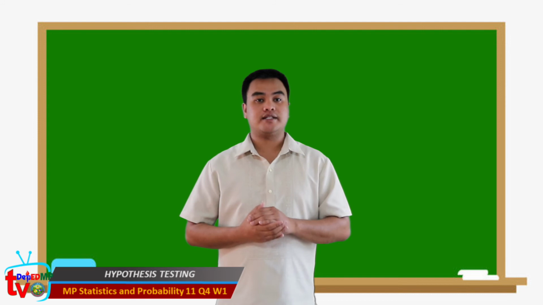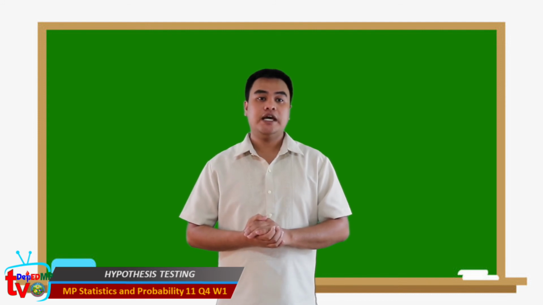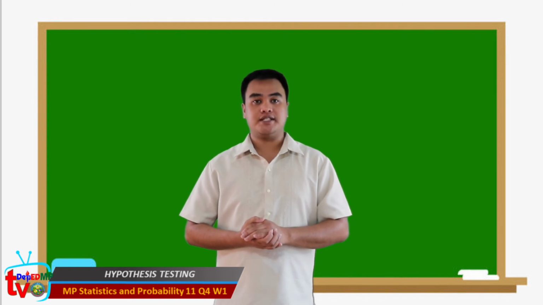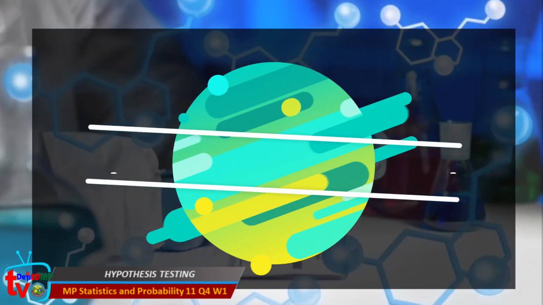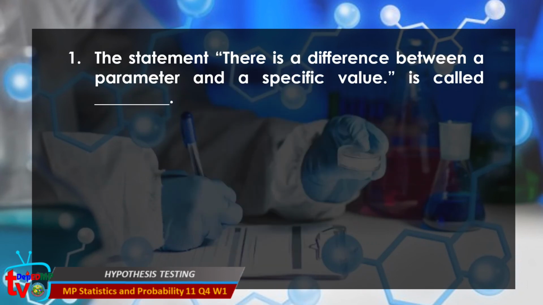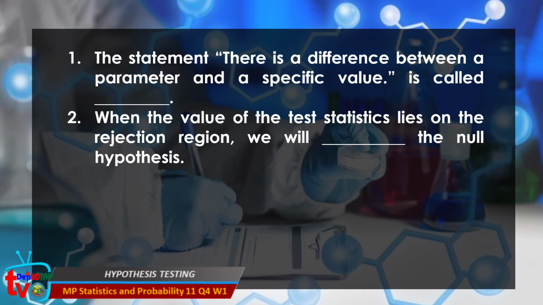Now, let us summarize what you have learned today by completing the thought of the sentences with the appropriate words. Here are the first 4 items. Number 1. The statement "there is a difference between a parameter and a specific value" is called blank. Number 2. When the value of the test statistics lie on the rejection region, we will blank the null hypothesis.